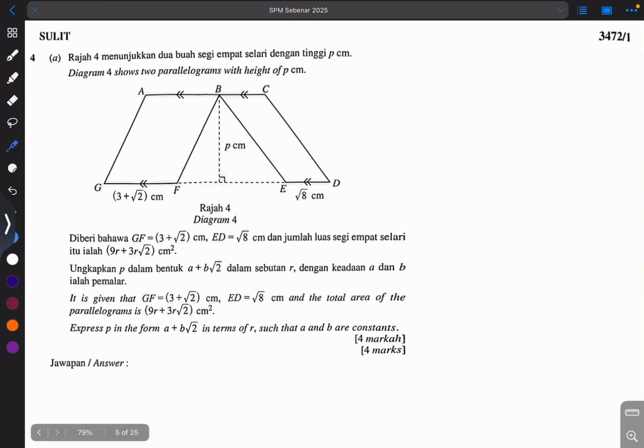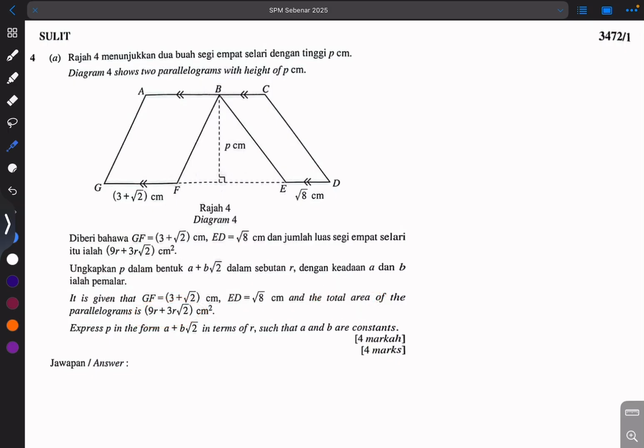Question 4a. Diagram 4 shows two parallelograms with height p cm. So we have 1 and 2 parallelograms. They both have a height of p cm. Given that GF is this, so the base of this parallelogram is given, ED is this, base given, total area is also given.